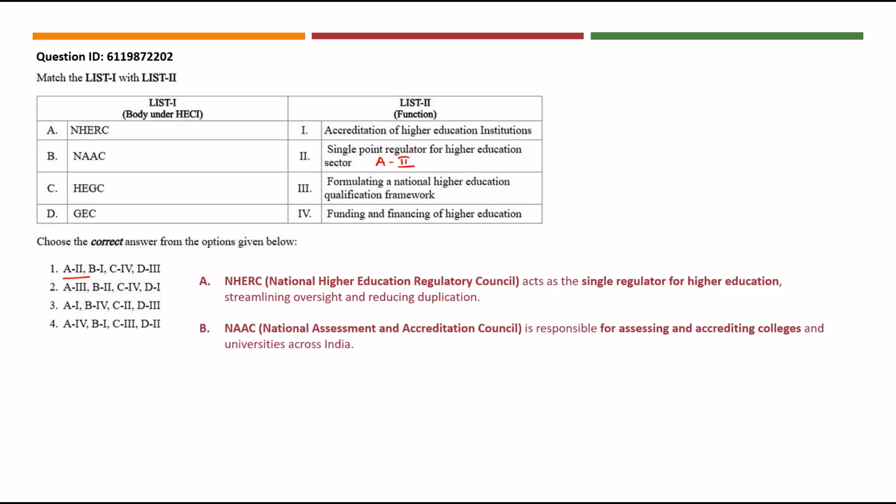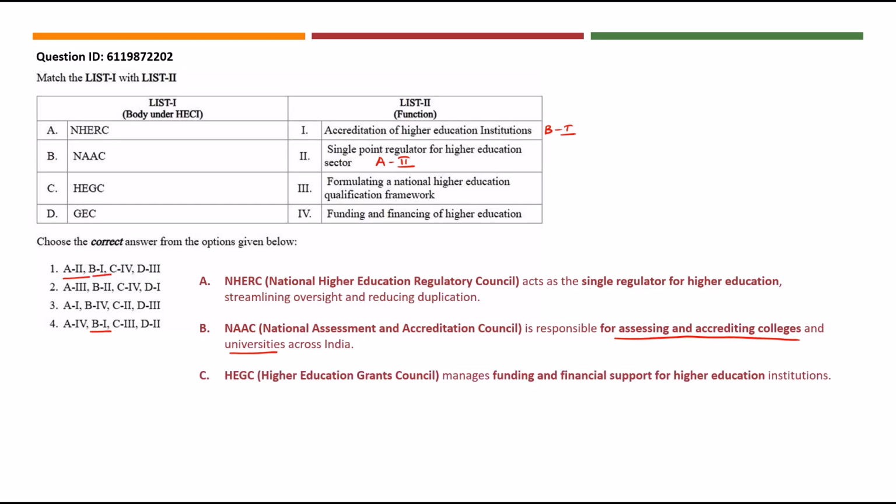Next comes NAC, National Assessment and Accreditation Council. This is responsible for assessing and accrediting colleges and universities across India. Here you can map to accreditation of higher education institutions. So B will be mapping to 1. What about HEGC? Higher Education Grants Council. This manages funding and financial support for higher education institutions.